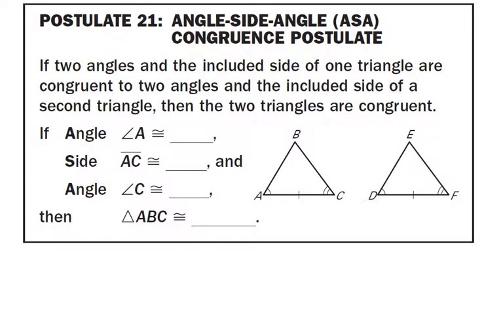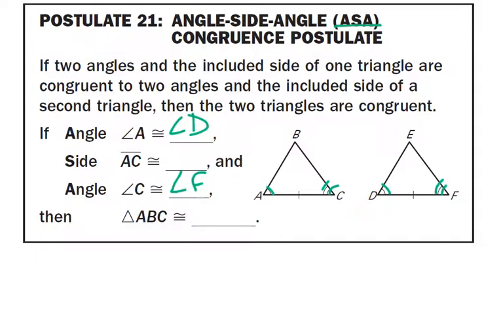Alright, so postulate 21, angle side angle congruence postulate. Now, just like the side angle side, the order that the letters are written in matters. So this is two angles and the side between them. So on our picture here, if angle A is congruent to angle D, angle C is congruent to angle F, those are our two pairs of angles.